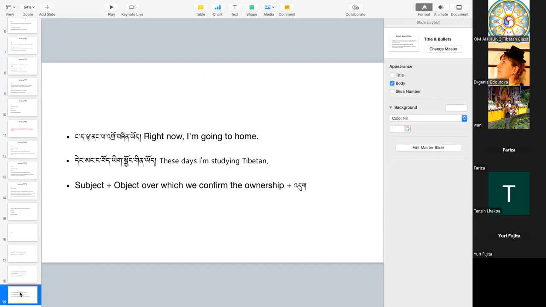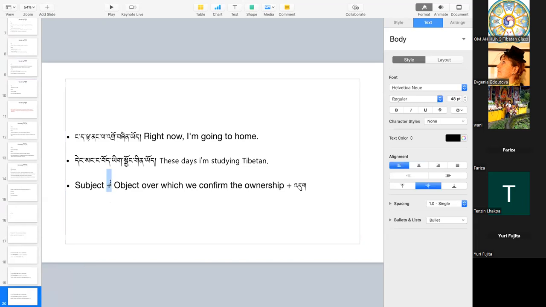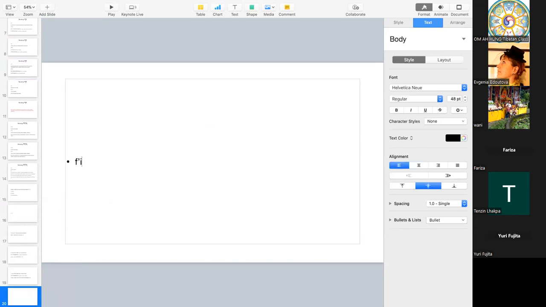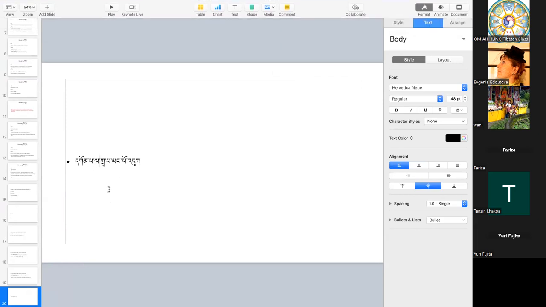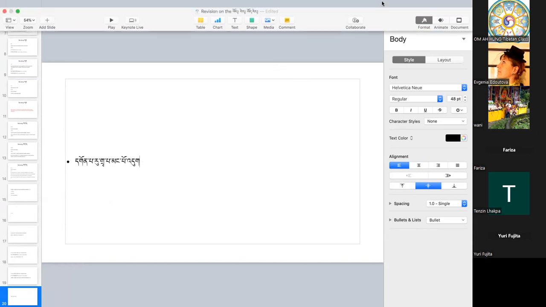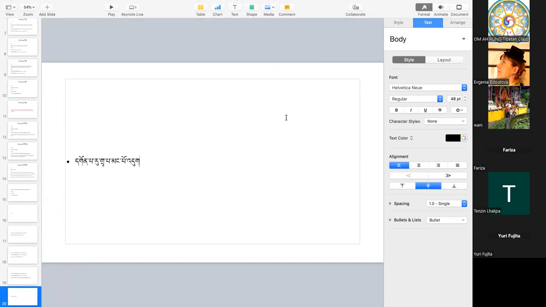So the usage case. Gompa la tuk, that's used instead of la. It just makes the sentence more interesting.